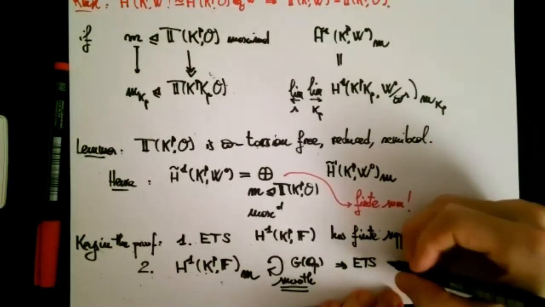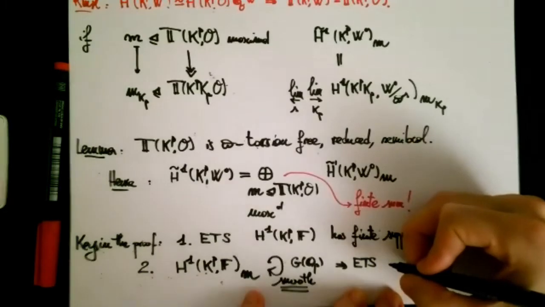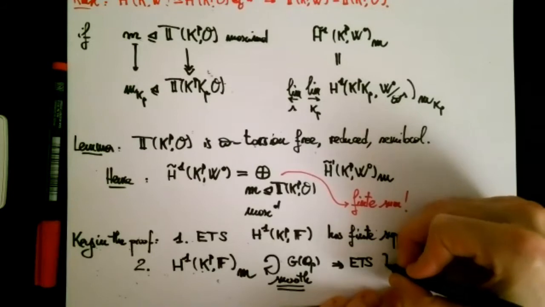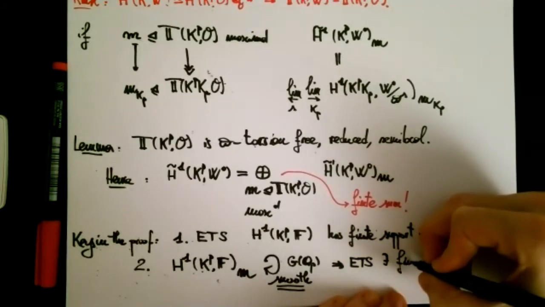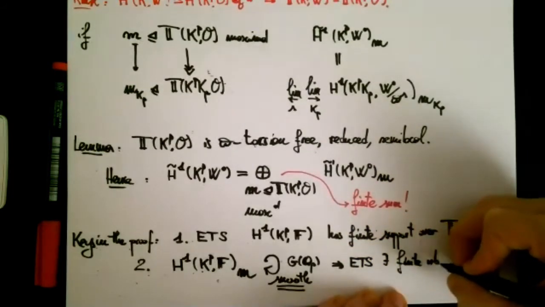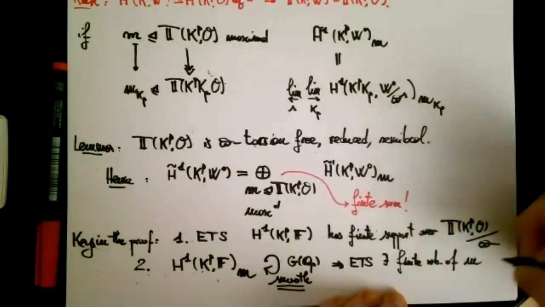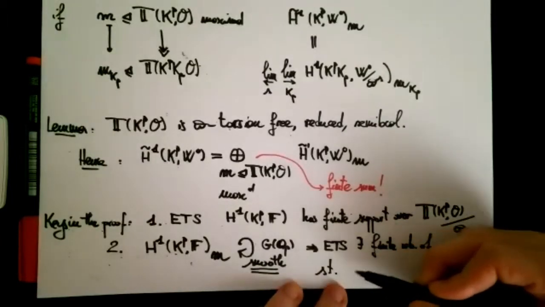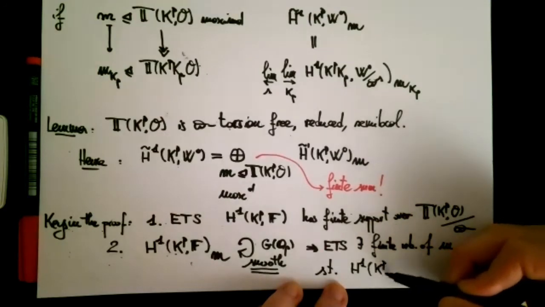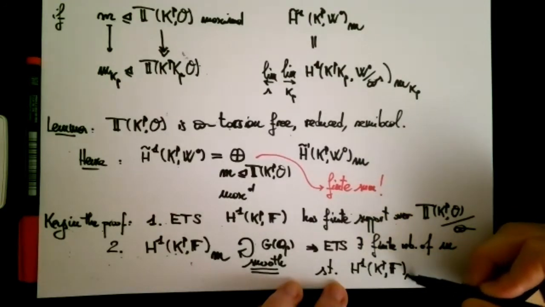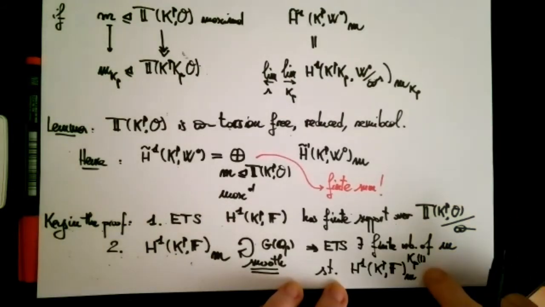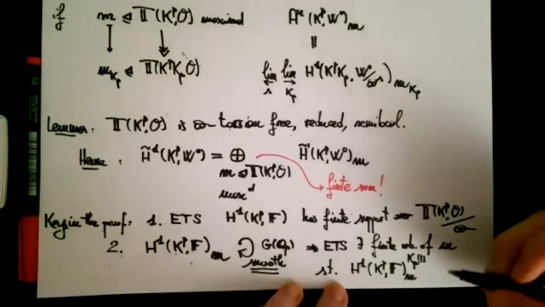So it's enough to show that there exists a finite number of maximal ideals M such that H1 K^p F localized at M, and then I take the invariant under, for instance, the principal congruence subgroup, is different from 0.